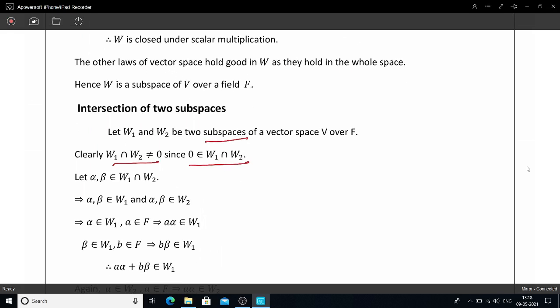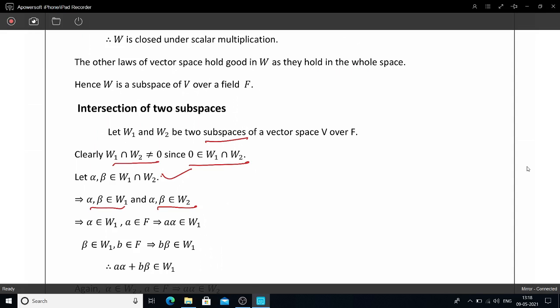Let me prove this result. If alpha and beta are members of W1 intersection W2, using a set theory result, we write alpha, beta belong to W1 and alpha, beta belong to W2. Let me take them separately.